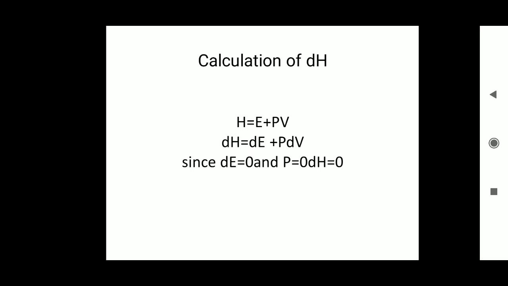But we know that dU is equal to Cv dT, and dH is equal to Cv dT plus R dT, and dH is equal to (Cv plus R) dT. We know that Cp minus Cv is equal to R, and Cp is equal to Cv plus R, and dH is equal to Cp dT.